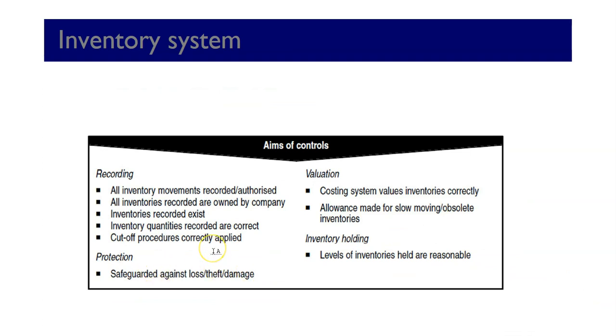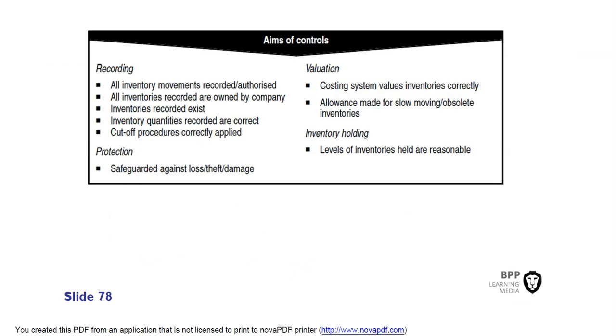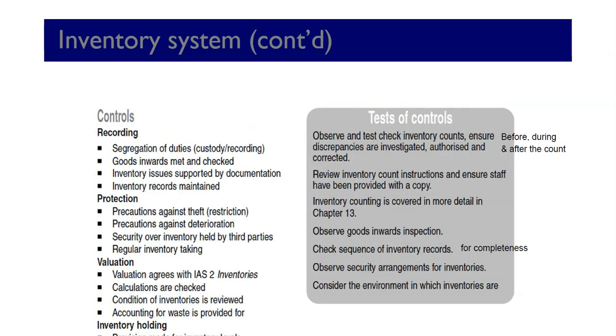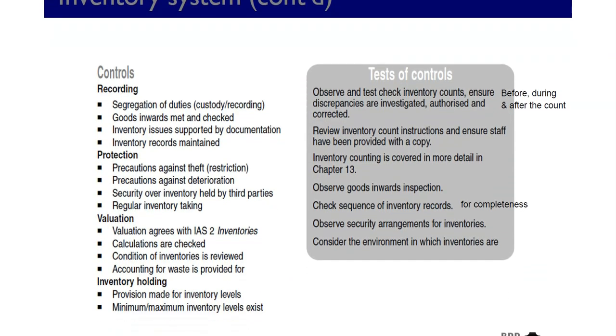Inventory system is next. So there are the aims of the controls. There are some of the controls there. And an auditor has a lot of responsibilities. The inventory count is a big and very important procedure done by a client.